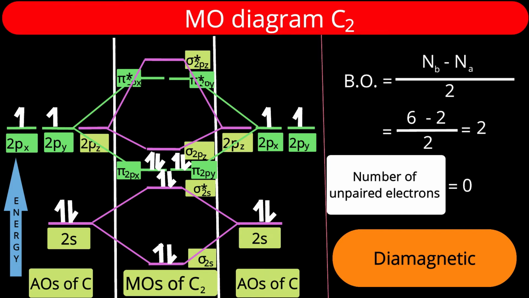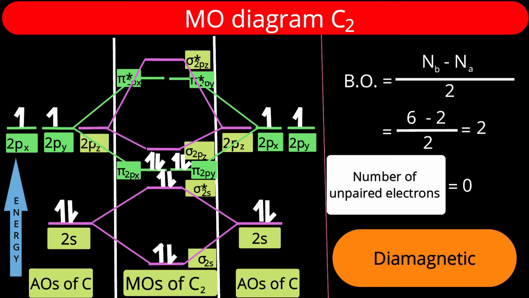That's the 1s orbital. The 1s orbital is a first shell orbital. It is an inner orbital compared to the outer 2s and 2p orbitals. So when molecular formation occurs, this 1s orbital will not interact with the 1s orbital of the other atom.